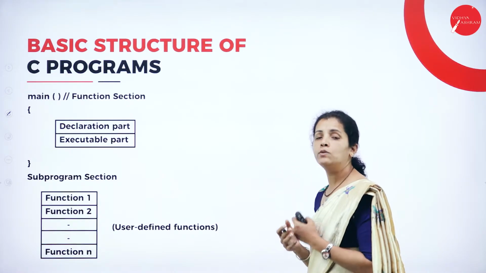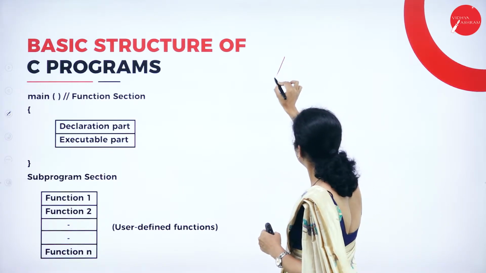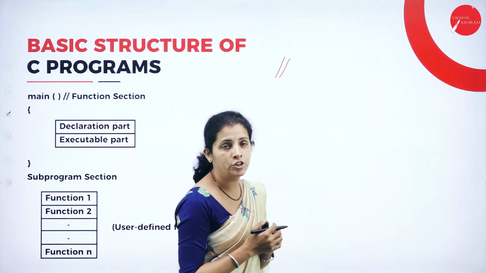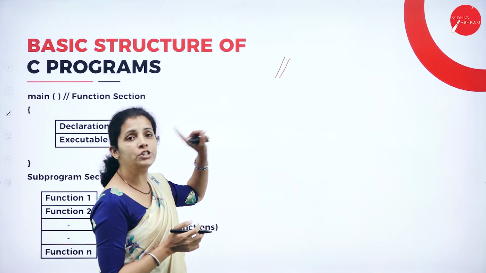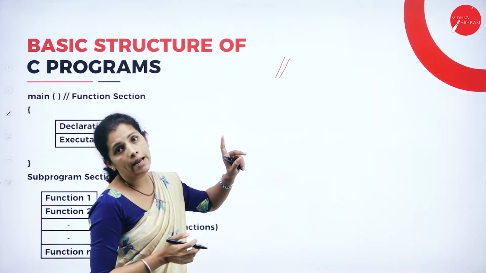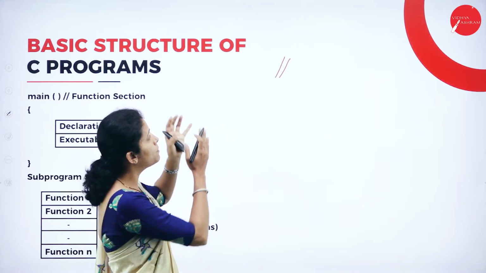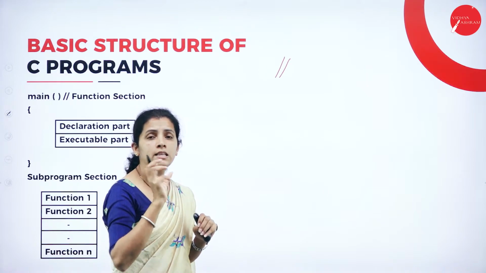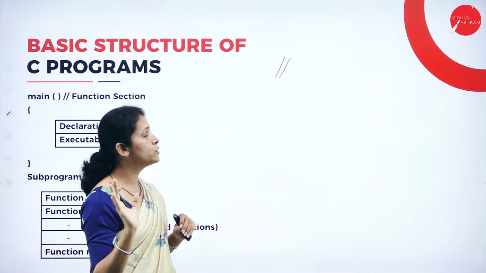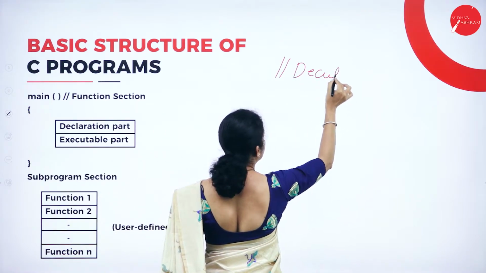Now, dear student, what is the documentation section? At the beginning, whatever lines I have are called the documentation section. In the documentation section, I can make use of single line comments or multi-line comments, and I write the description of the program there.